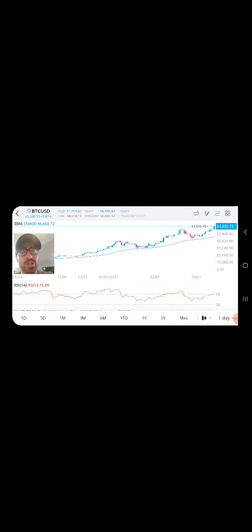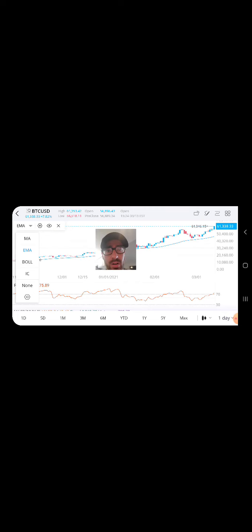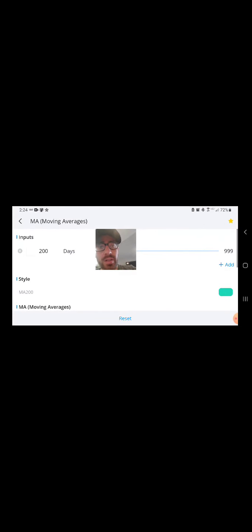Now, if you want to change the indicators, you tap in the top left, and you see you have EMA, and then there's your different indicators. EMA right now, okay. I can change it to MA, and you want to set your MA to 200, right? So I've already set that MA 200, and then you can click this little gear.